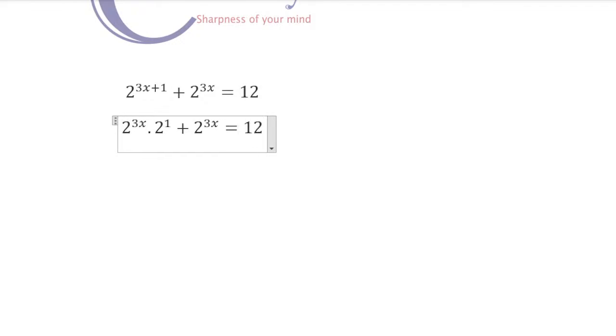Perfect. Now, as you can see, on the left hand side, we have a common factor. We have 2 to the power 3x and 2 to the power 3x.